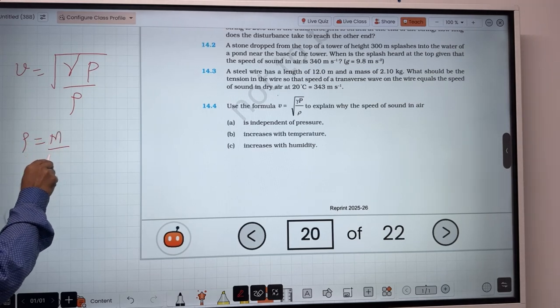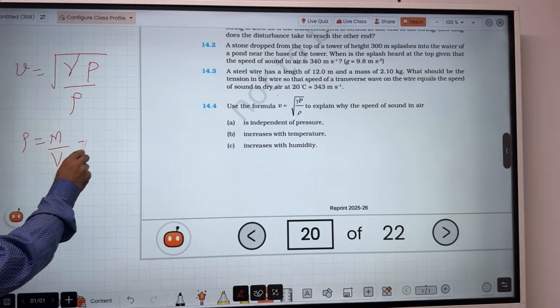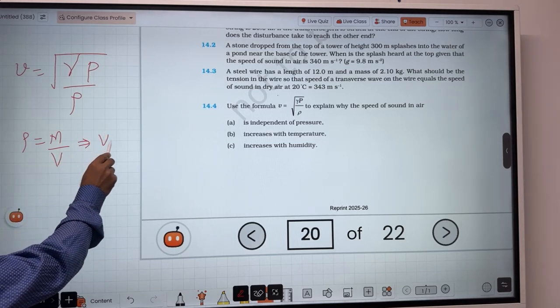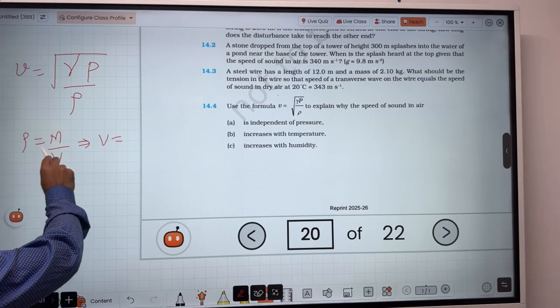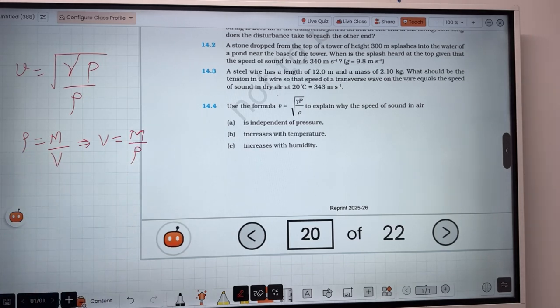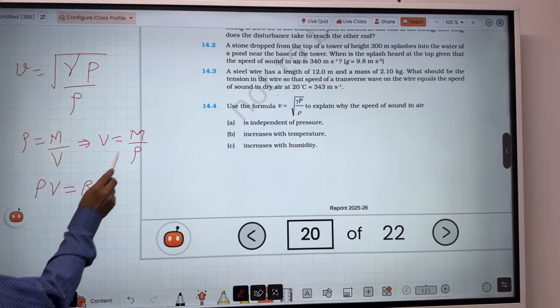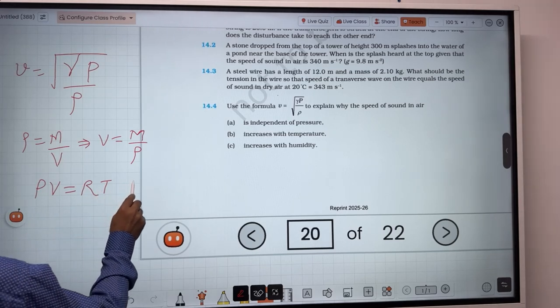Rho equal to mass upon volume, so volume equals mass upon rho, right? But PV equal to RT, so we write this value here.